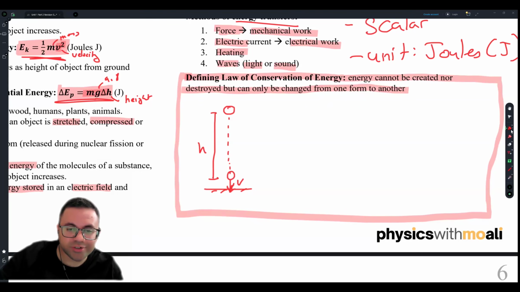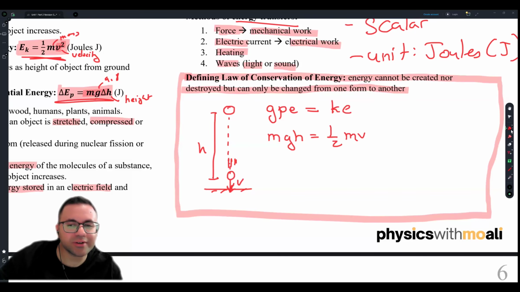What are the energy changes here? Gravitational potential energy changes into kinetic energy, and they're both equal. The potential energy at the top is equal to the kinetic energy at the bottom, which means mgh is equal to half mv squared. The m's can cancel out.